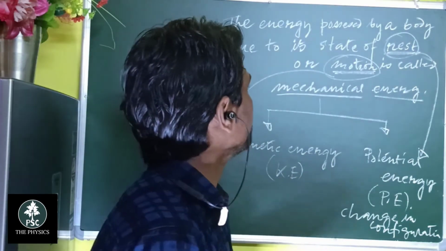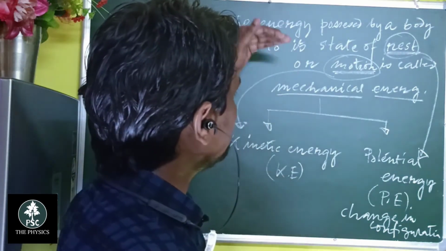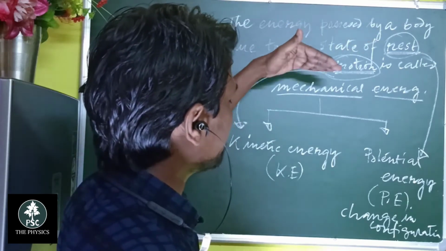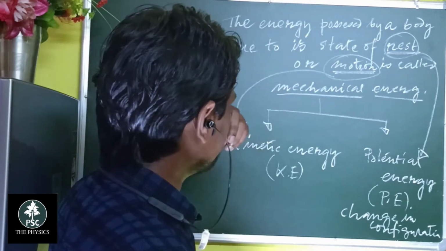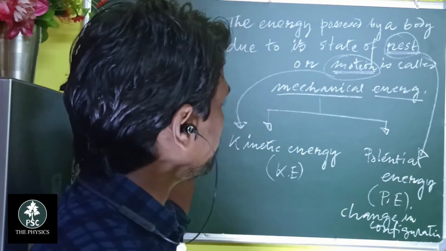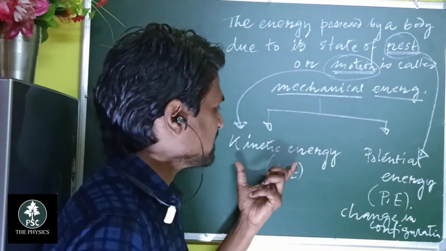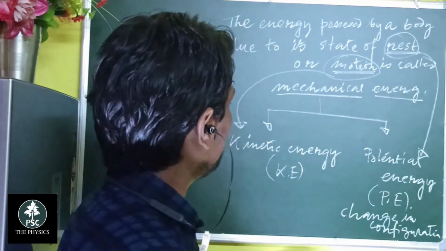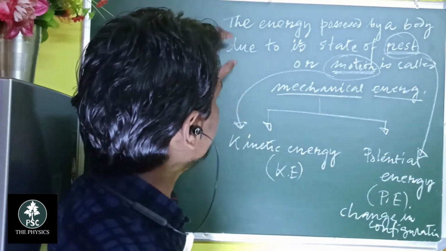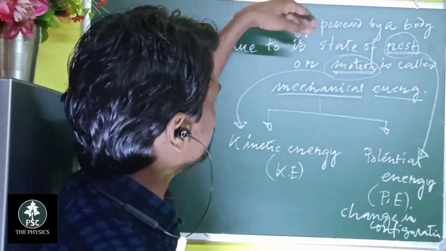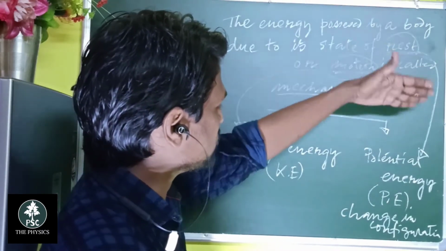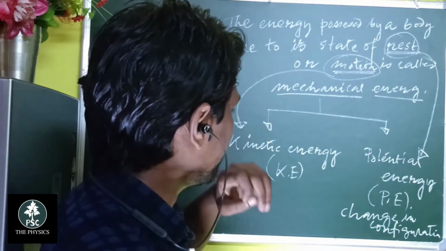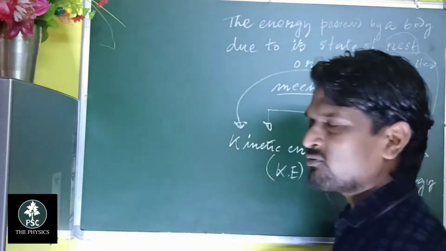The energy possessed by a body due to its state of rest or motion is called mechanical energy, and the different forms of it are kinetic and potential energy. The energy possessed by a body due to its state of rest is called potential, and due to its motion is called kinetic energy.